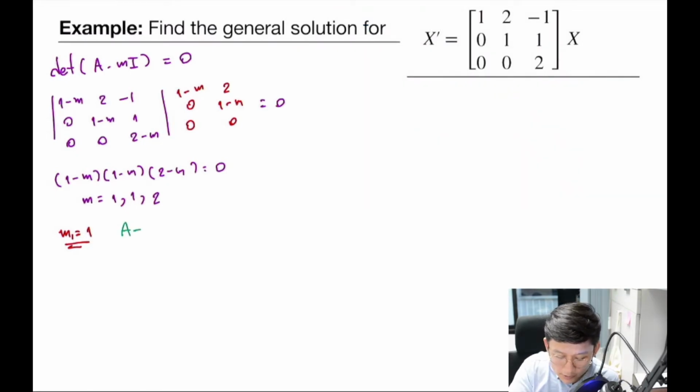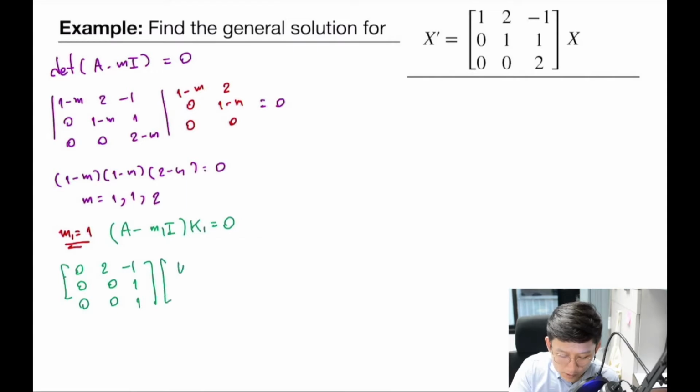A minus m1 I, times k1 is 0. So A minus m1 I would be the matrix 0 2 minus 1, 0 0 1, and 0 0 1, and that would be k1 k2 and k3 equals 0.